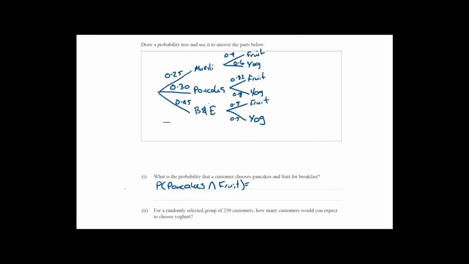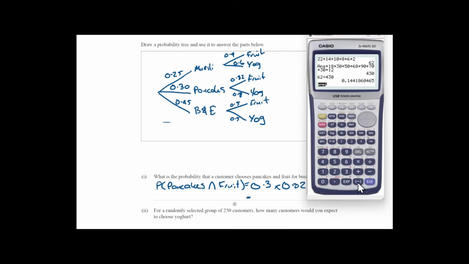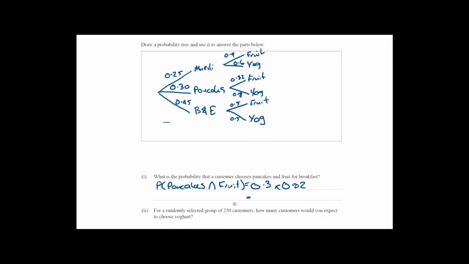So pancakes is 0.3, and we multiply down the branches and add between the branches, and fruit times 0.82. And it's going to be a number. So 0.3 times 0.82 is 0.246.